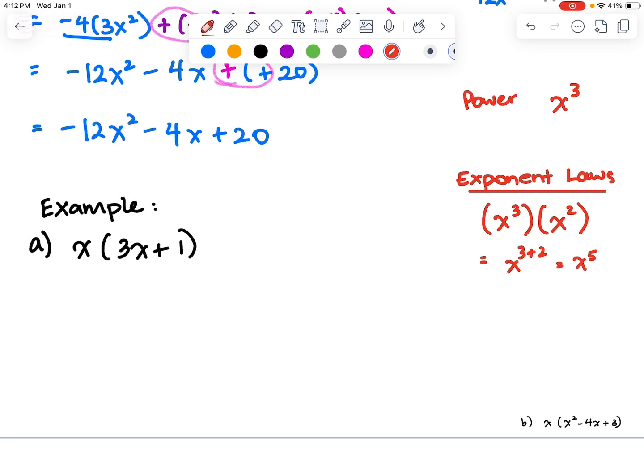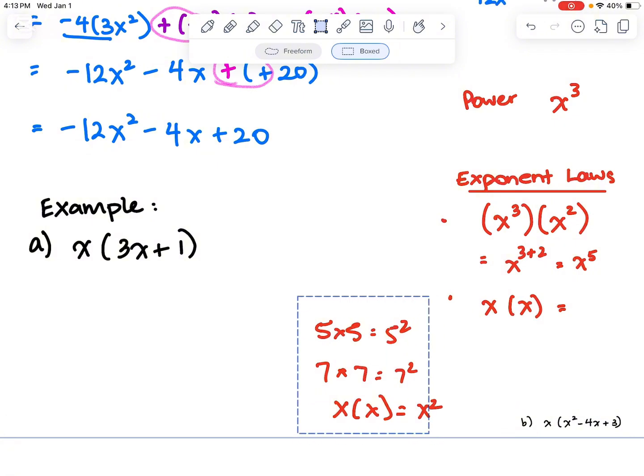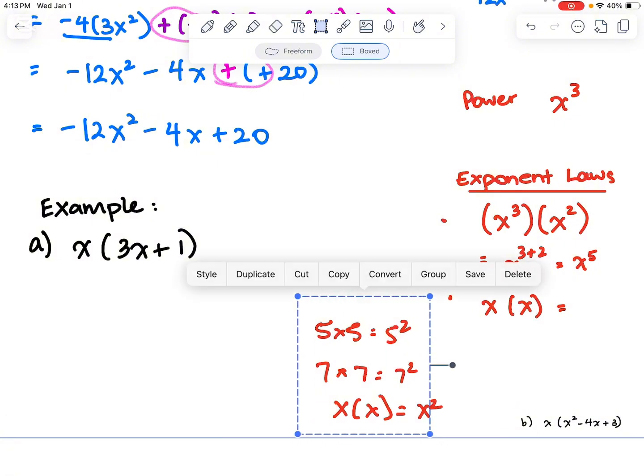So in this case, that would be x to the 5. So another example would be if I have x times x. Now, you might already know what to do with that because, for example, 5 times 5 is 5 squared, 7 times 7 is 7 squared, so x times x, it makes sense that it's x squared. But using our exponent laws, we can see why that's true as well.